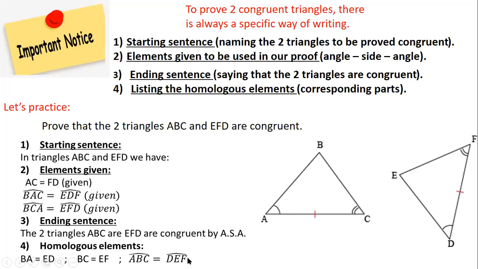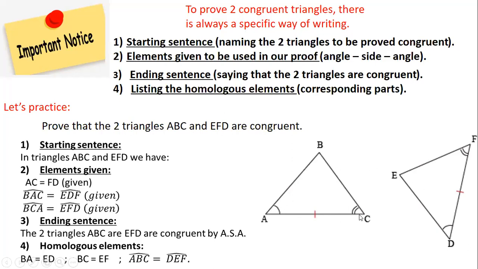This angle, I don't use it in homologous elements. This angle is not marked. So this is the first angle of the homologous elements. Angle ABC will be equal to angle FED because these two angles are not marked. They will be equal to each other.